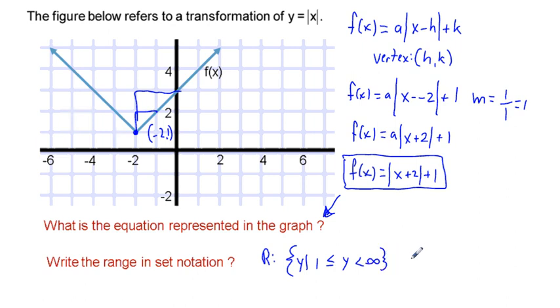Also, you could alternatively write this as, I'll put a comma, y such that y is greater than or equal to 1. So that would be another possibility in set notation.